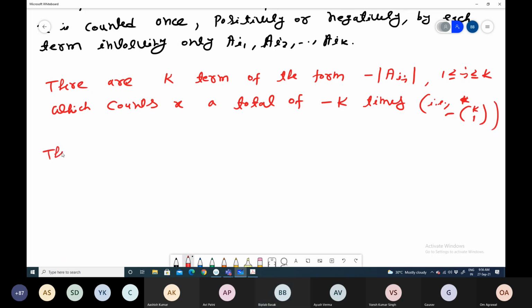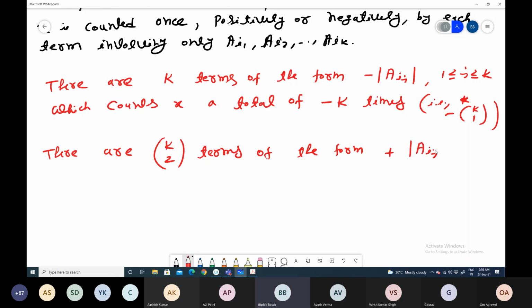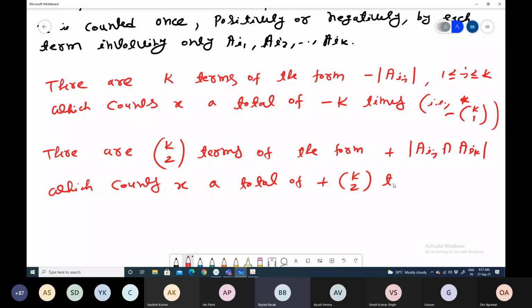And similarly, there are k choose 2 terms of the form plus A_ij intersection A_ik which count X. So a total of plus k choose 2 times, and so on.